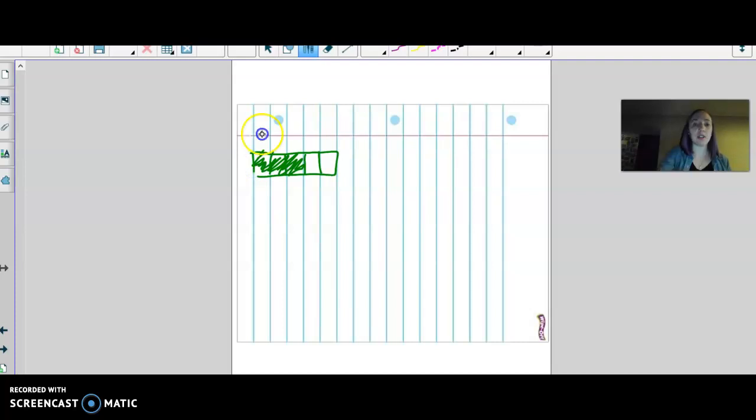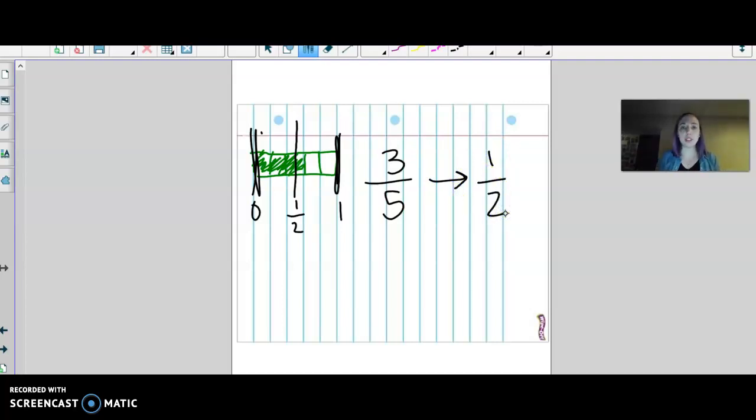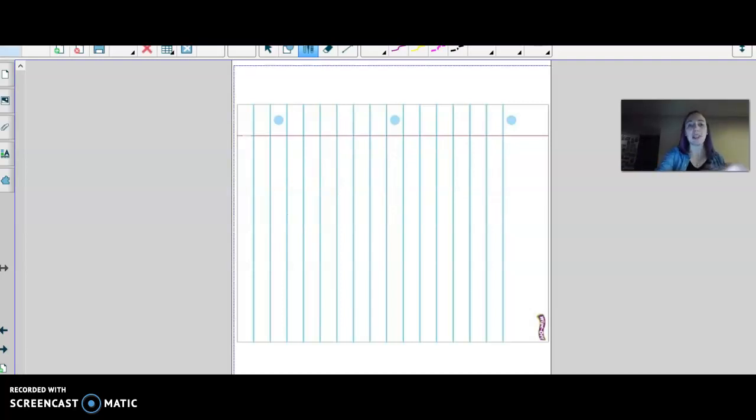And then I could ask myself, okay, if 0 is down here, 1 is up here, and 1/2 is right in the middle, 3/5, what's that closest to? Oh, 3/5 is closest to 1/2. And the reason to use a paper is just because it makes sure all the pieces are the same size. Sometimes when we draw it, some pieces are small and some pieces are big. So if I do it on a notebook paper, then I can be sure that I'm making all my pieces the same size.